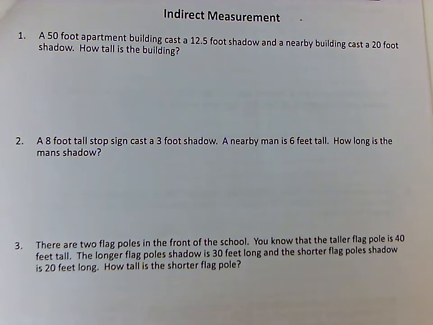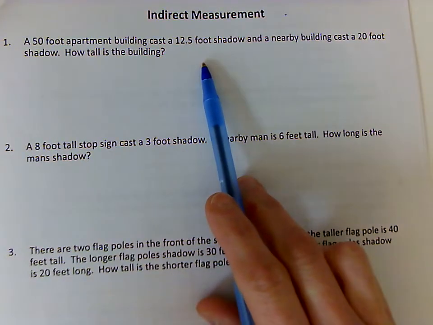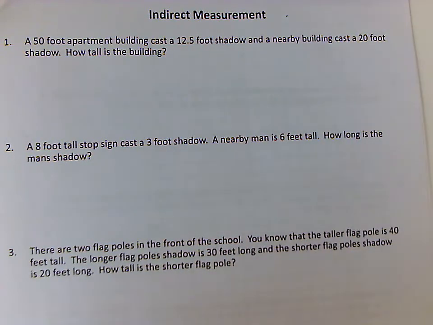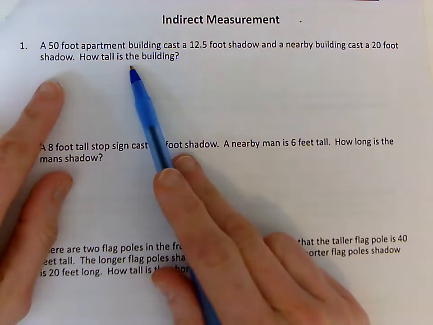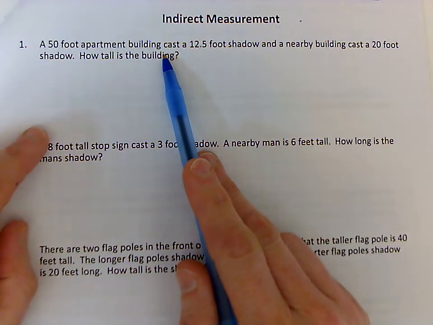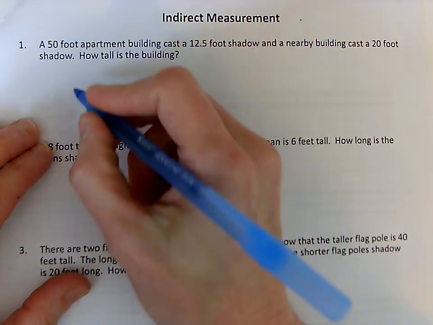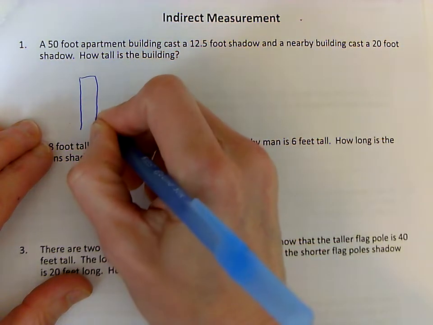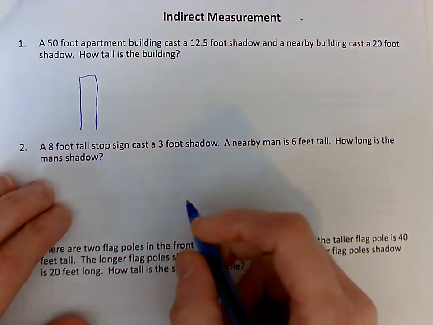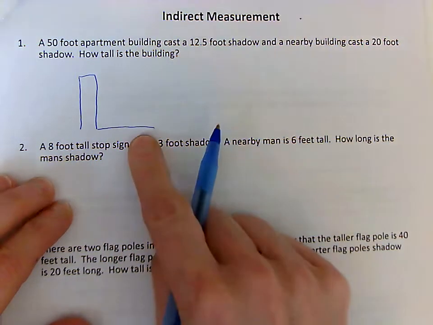You have a 50-foot apartment building that casts a 12.5-foot shadow, and a nearby building casts a 20-foot shadow. So how tall is the building? All right, so when I draw these, all I'm going to do, so this 50-foot apartment building here, is I'm just going to draw like a rectangular shape like this and have a shadow coming out like this.